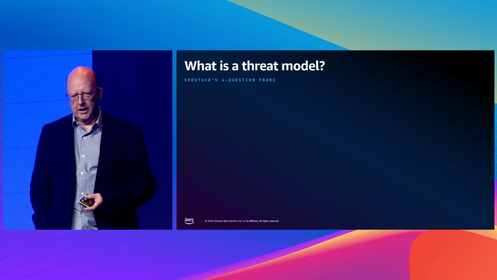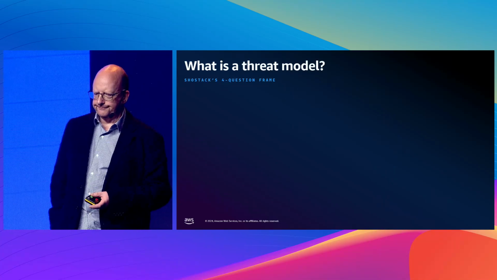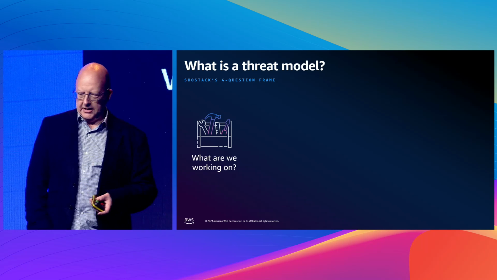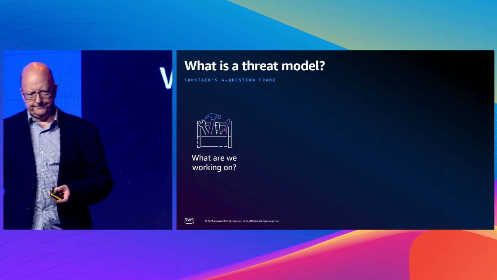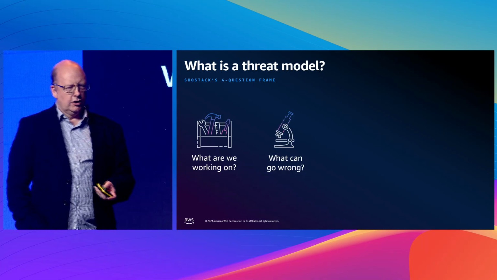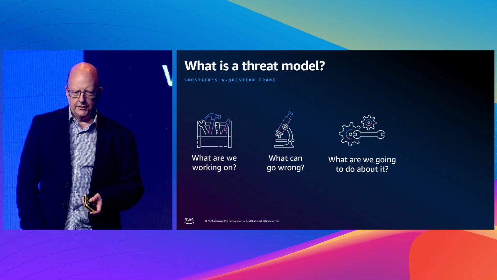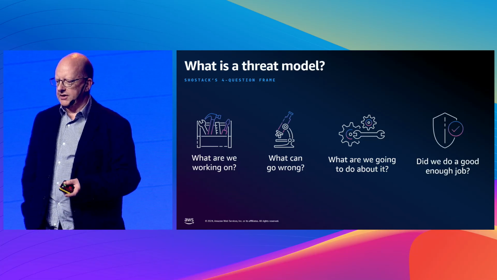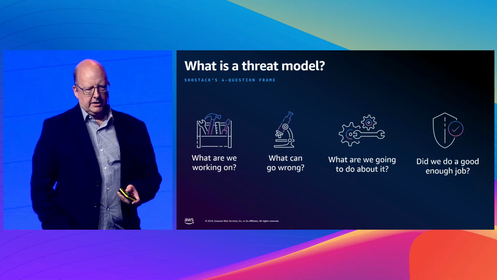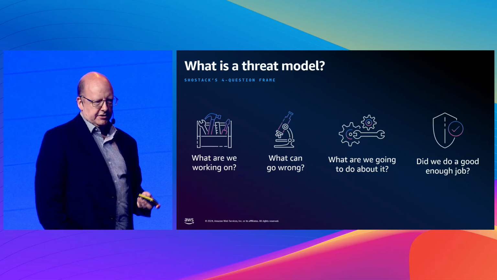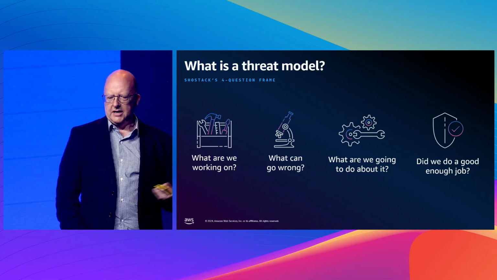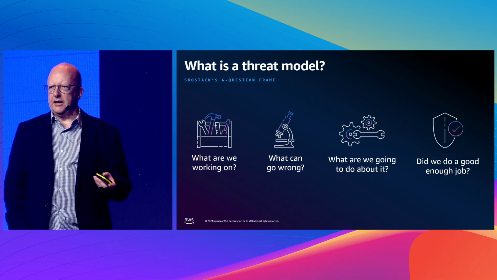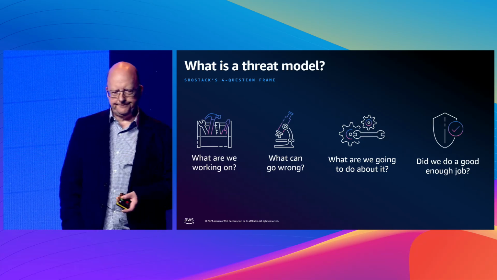Well, we do that with a threat model. And what is a threat model? It's basically four questions. The first question is, what are we working on? Second question, what could go wrong? Third question, what are we going to do about it? And the fourth question, did we do a good enough job? Now, this is just a document that answers these four questions, and it serves as a source of truth for the security decisions that you will make throughout the life of your project.